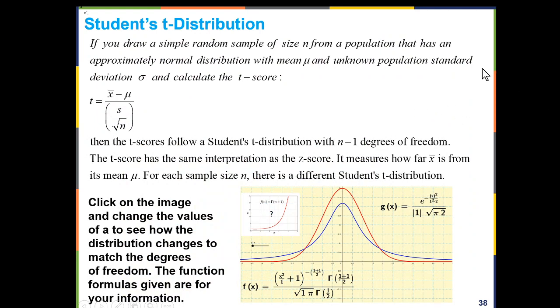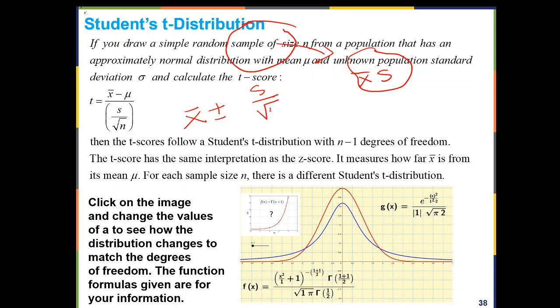remember that if we have a population and we don't know sigma, then we take samples, and then we find x bar and we find s. The way we represent x bar is by x bar plus and minus a certain number of standard deviations to the left and right. That number would be t alpha over 2.